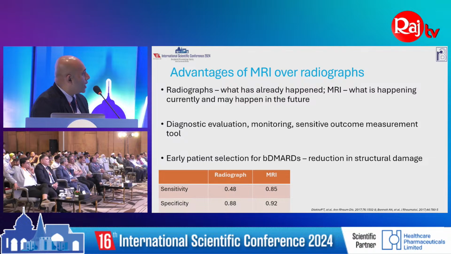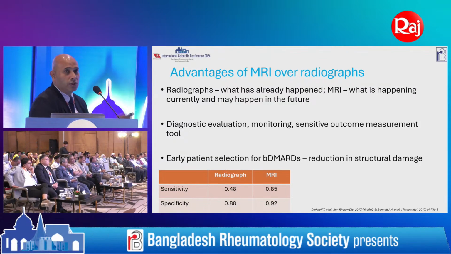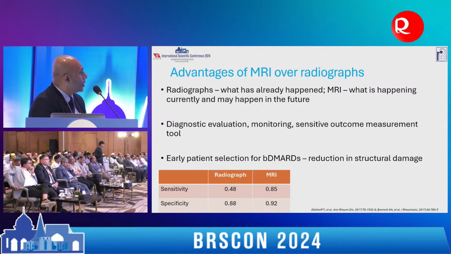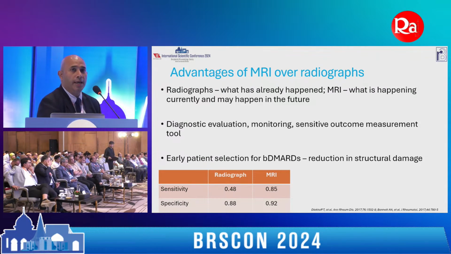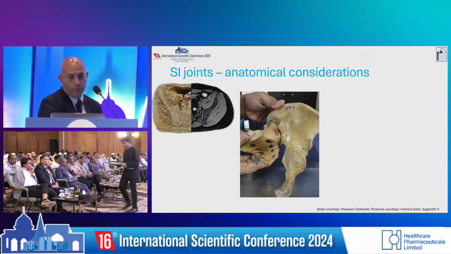The sensitivity was 85% as close to CT as opposed to 48% for radiographs. So we know that MRI is good for structural lesions as well as compared to X-ray.